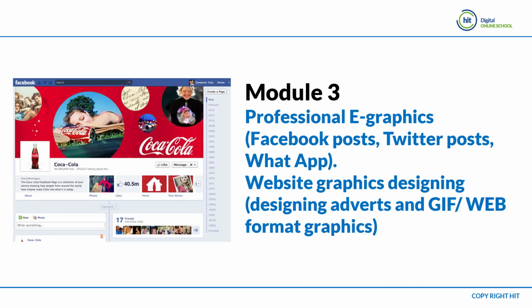So let's look at the third module, which will be professional e-graphics. This is very, very important, as most companies right now have established their Facebook, Twitter, WhatsApp, websites, etc. as the major contact areas. What does this mean to you?